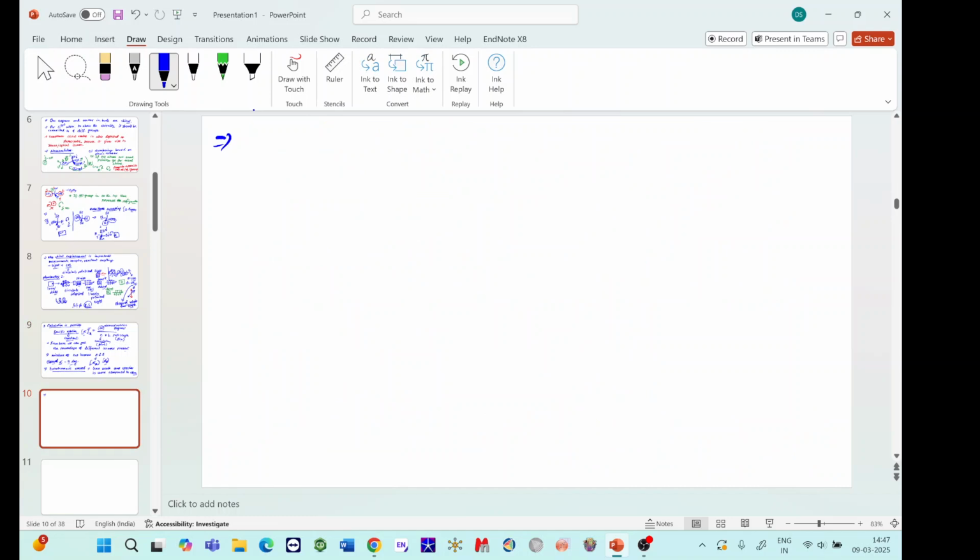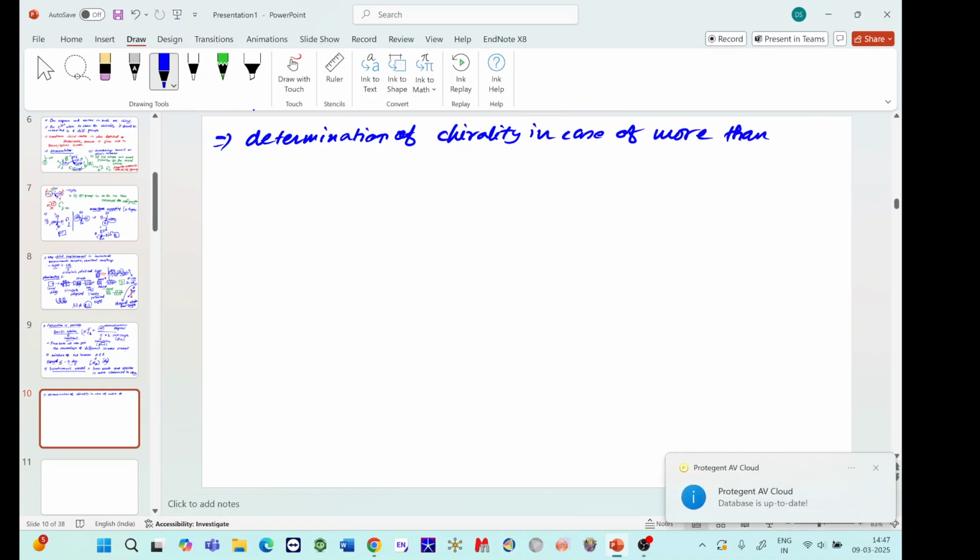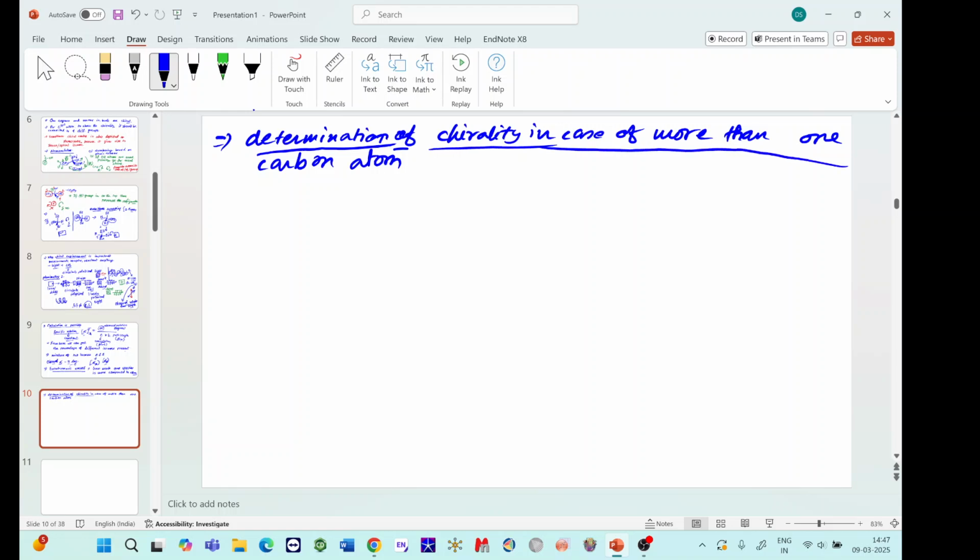Now, determination of chirality in case of more than one carbon atom. This is a practical problem, because in practical systems, say some drug molecules inside our body, some natural products, they have a huge chain of molecules.